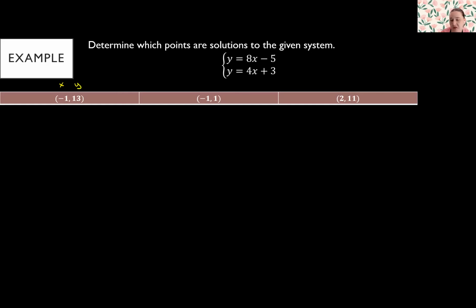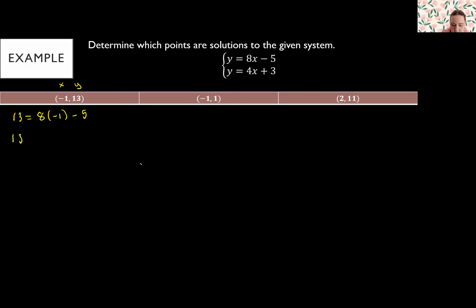So the first equation we have is y equals 8x minus 5. So if I'm replacing my y, that's going to be 13 equals 8 times -1, and then minus 5. And so first we need to check, does this ordered pair work in this equation? If it doesn't work in the first equation, then we don't even need to bother checking the second equation because it's certainly not going to work.